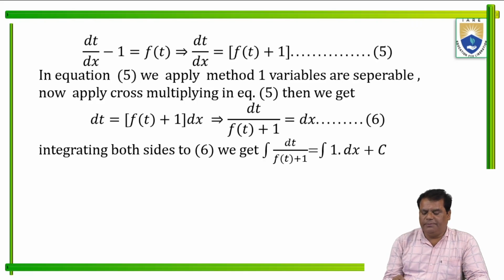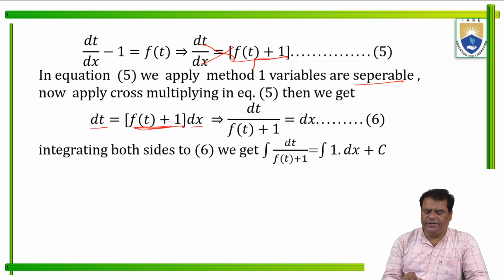In equation 5 we apply method 1, variables are separable, and apply cross multiplication. Here I am writing 1 and cross multiplying, so dt equal to f(t) plus 1 dx. But here the variables are not separate.